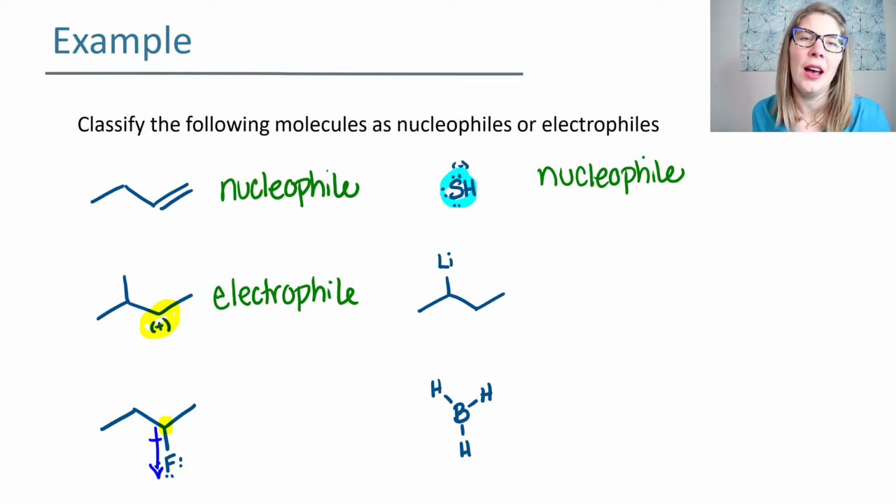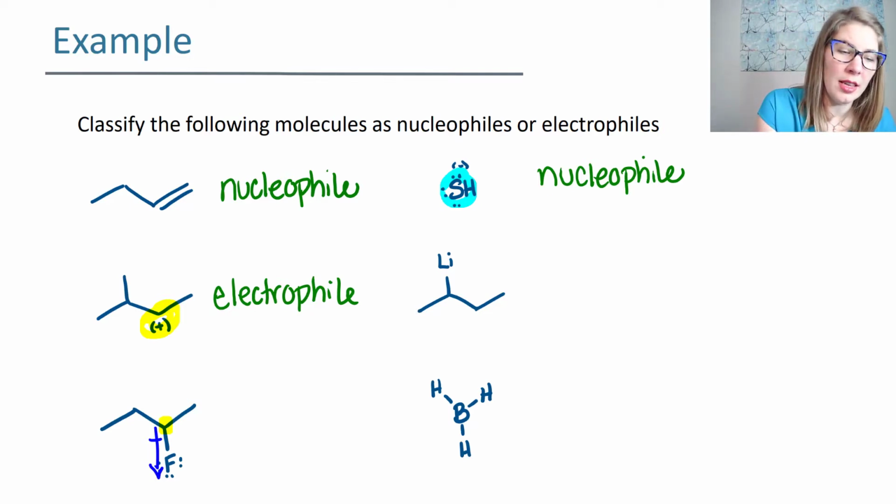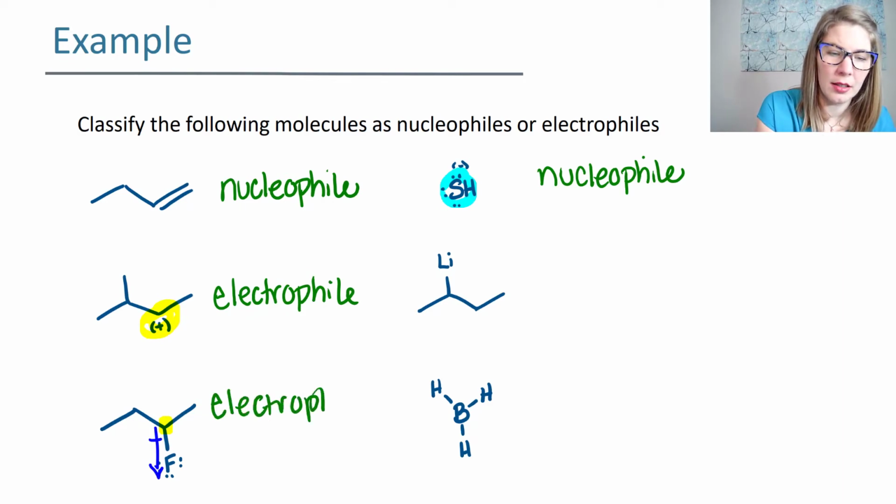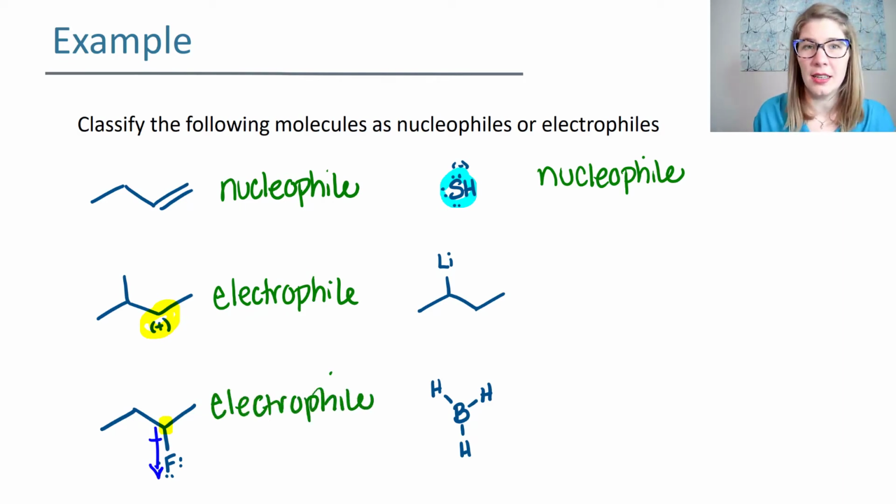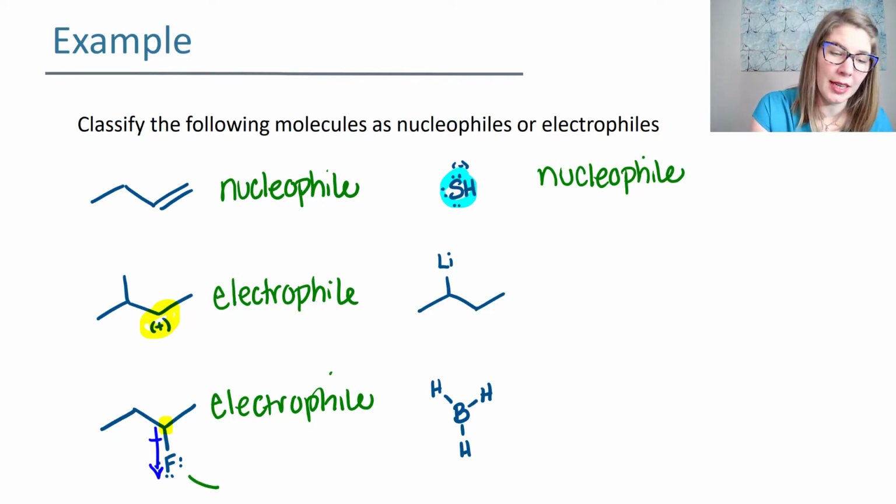But if you have a teacher who wants you to label all the electrophilic or nucleophilic sites, so all the locations on an individual molecule that could behave as an electrophile or a nucleophile, then what you would do is you'd call the carbon an electrophile or an electrophilic site, and then the fluorine would be a nucleophilic site.